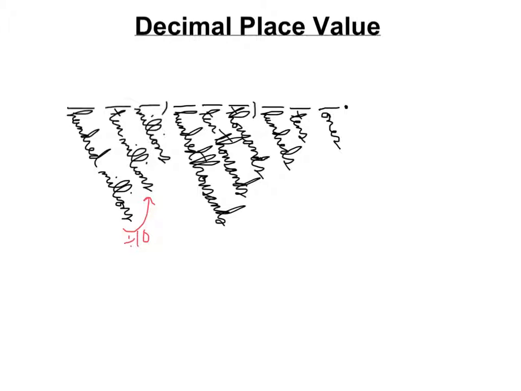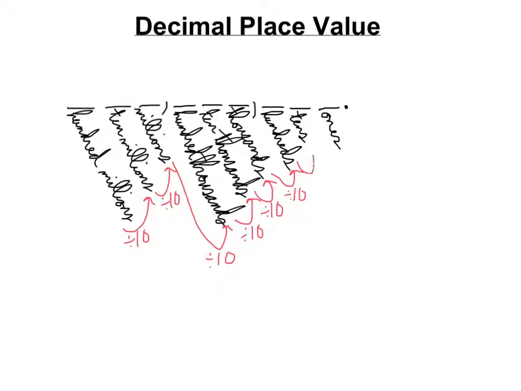And then if I have 10 million and I want to go down to a million, I could do that by dividing by 10. And if I had a million and I wanted to go down to 100,000, I could do that dividing by 10. 100,000 to 10,000, divide by 10. 10,000 to 1,000, divide by 10. 1,000 down to 100, divide by 10.